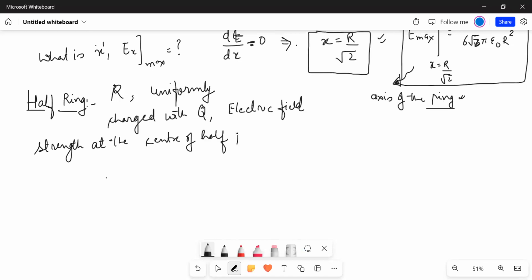So instead of a full ring, now you have a half ring, and we want to find the electric field strength at its center.